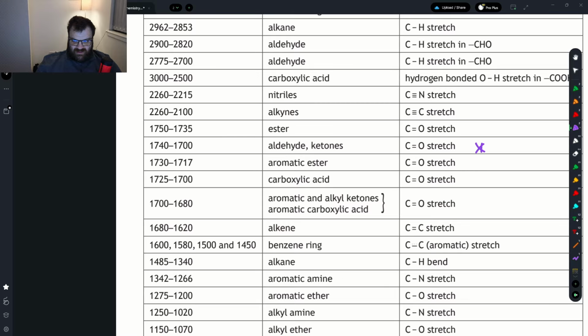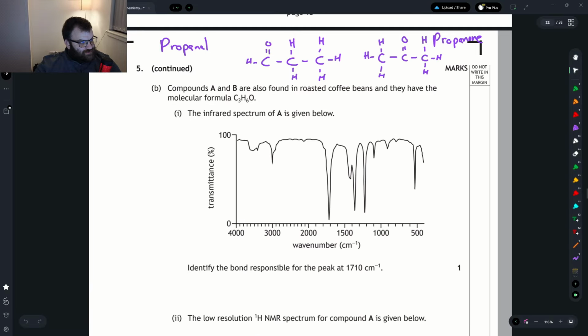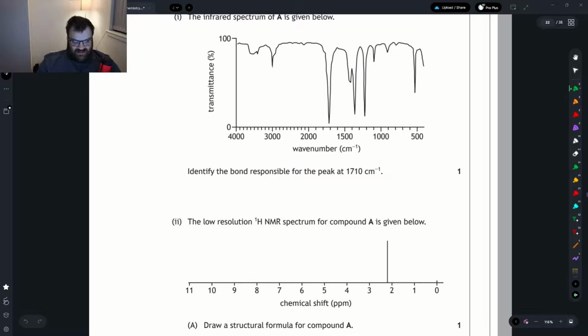Well, it could be this one, this one. I think that's the only 2. It's not a carboxylic acid because that would need C double bond OH. So it's not going to be that. It's going to be an aldehyde or a ketone. It's going to be the C double bond O stretch of that. So identify the bond, C double bond O stretch.